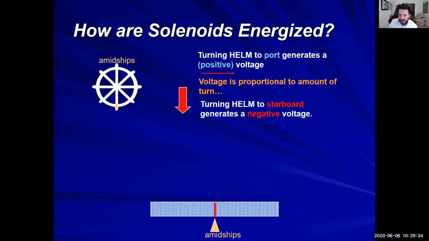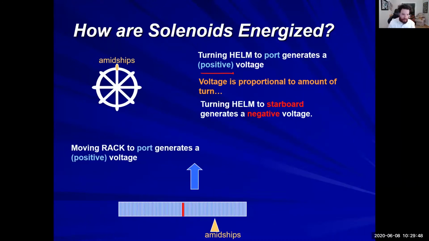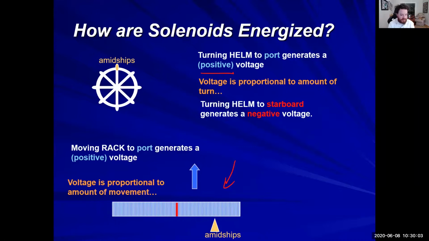When we go to starboard, it generates a negative voltage, and that is also proportional. That proportion is going to be transmitted into how much that rack moves. A bigger turn is more movement of the rack in that direction, and vice versa.